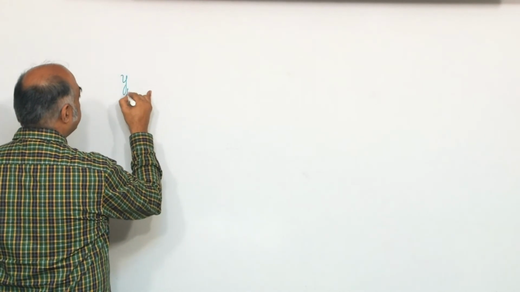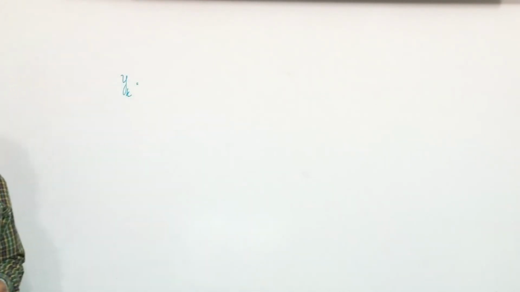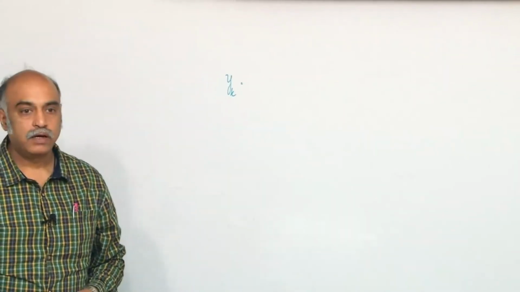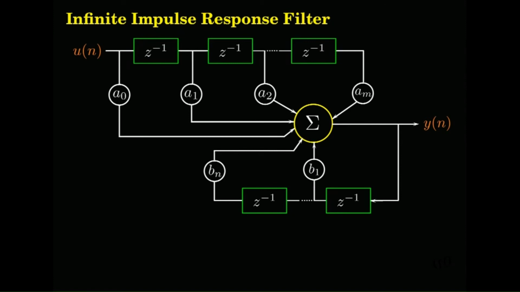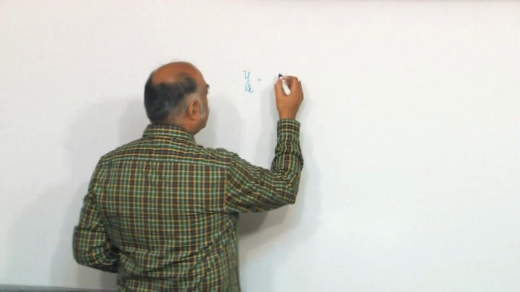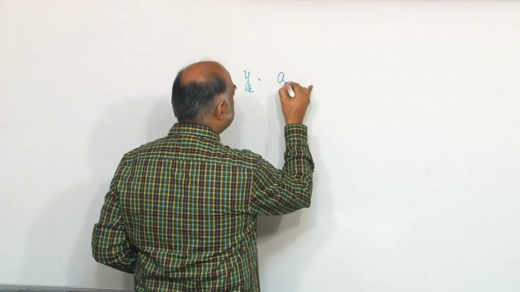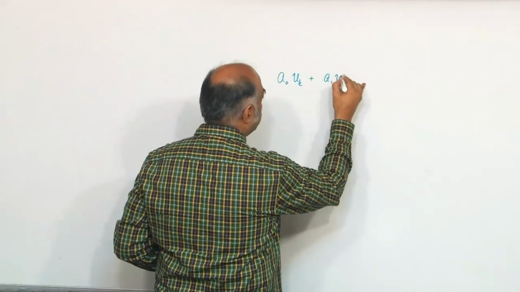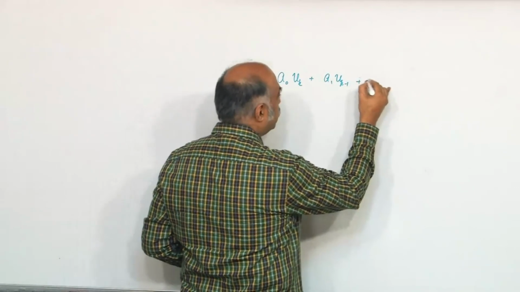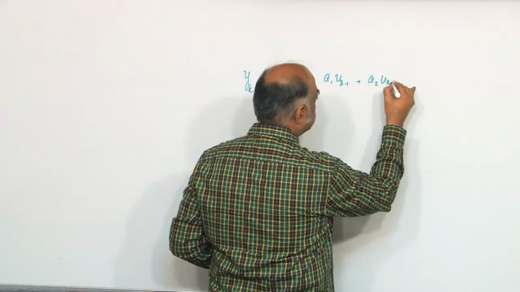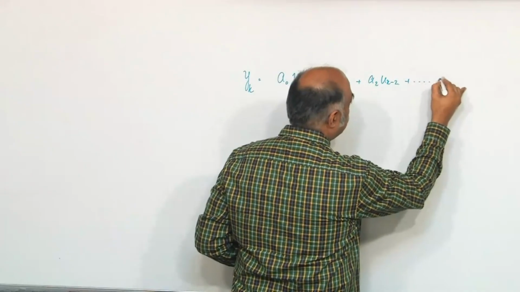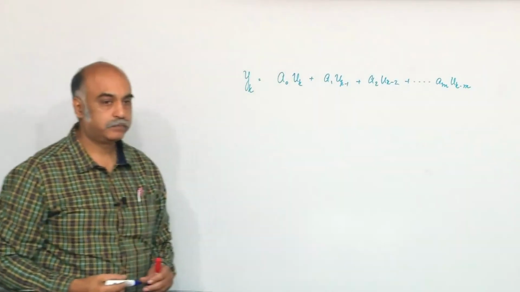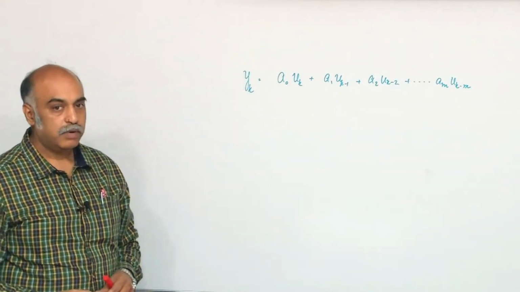So what is y k? Just like in the case of the FIR filter, all the forward blocks, of course, a naught u k, a1 u k minus 1, a2 u k minus 2, a m u k minus m. Plus you need to add something.